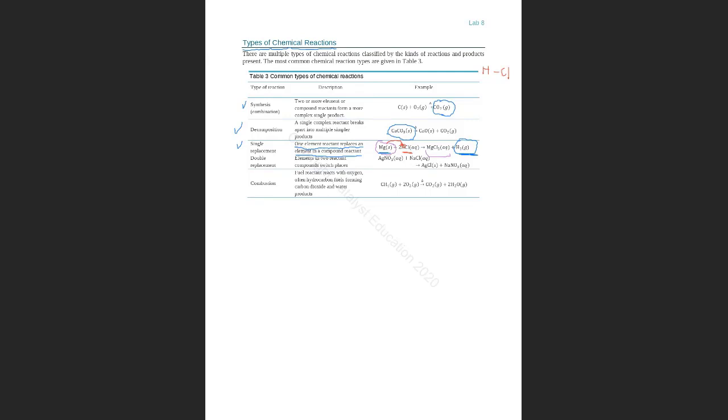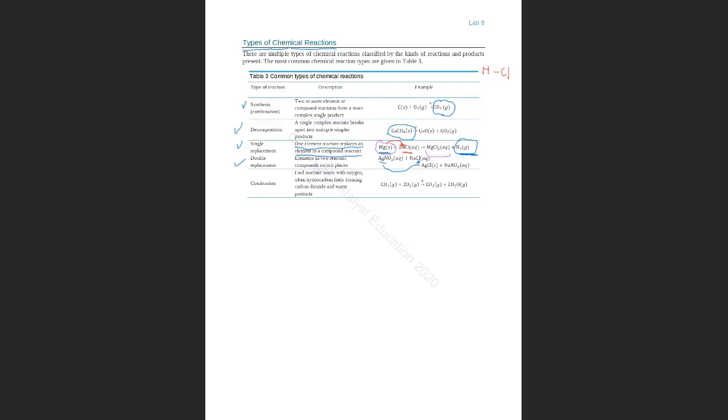Let's go now to double replacement. Those are a little easier to recognize. Double replacement is basically changing partners, which means you have two substances, and the silver in the reactant is bound to nitrate and is going to change partner. Instead of being bound to the nitrate, it's going to be bound to the chloride.